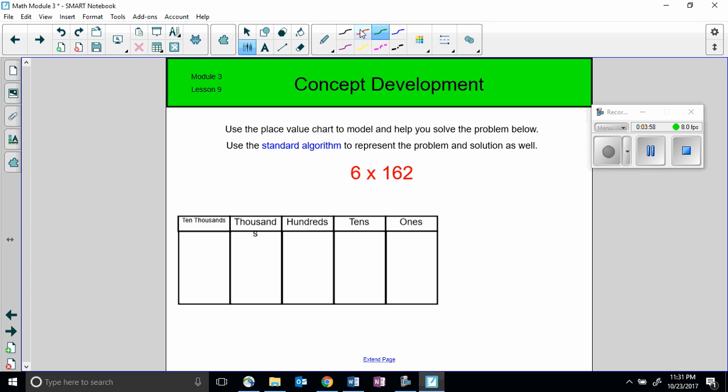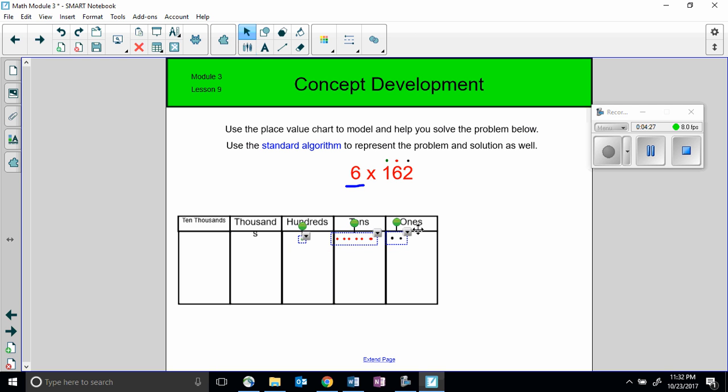So what this means is what we already did. I'm going to put 2 black dots in the ones column, 6 red dots, 1, 2, 3, 4, 5, 6, in the tens column, and 1 green dot in the hundreds column. This blue lets me know how many groups I need. So go ahead and think in your head, how many groups do you need?